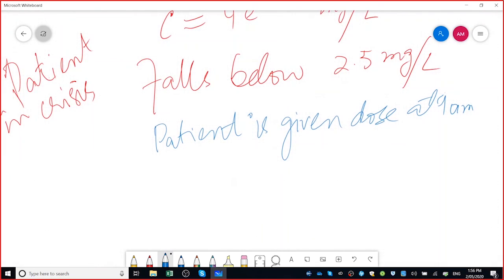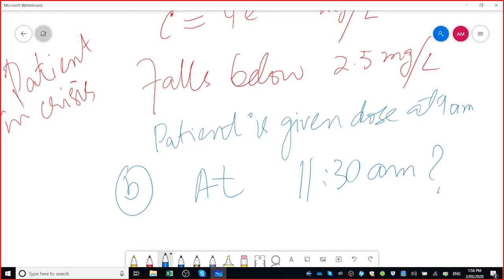You can use the calculator. It is calculator assumed. So let's call this part B. At 11:30, what would be the concentration?